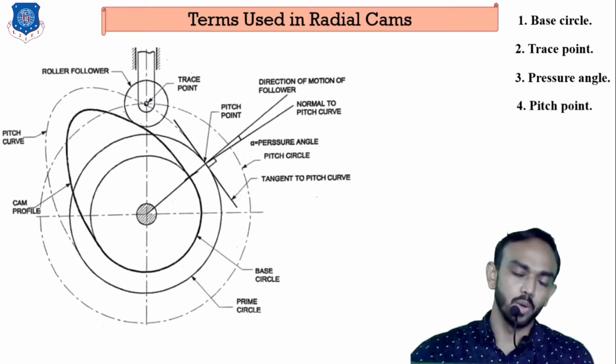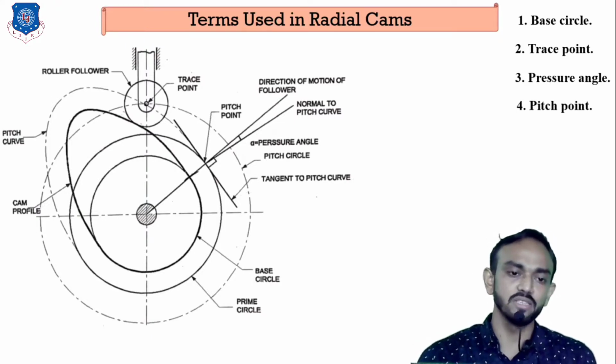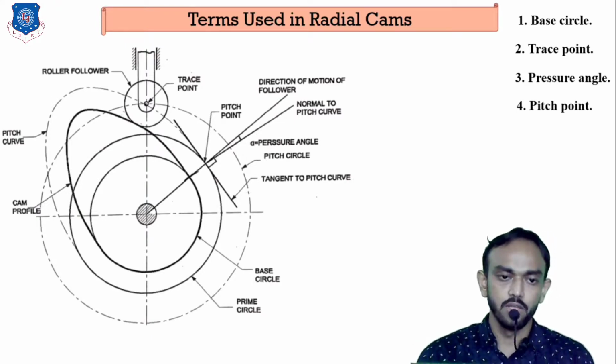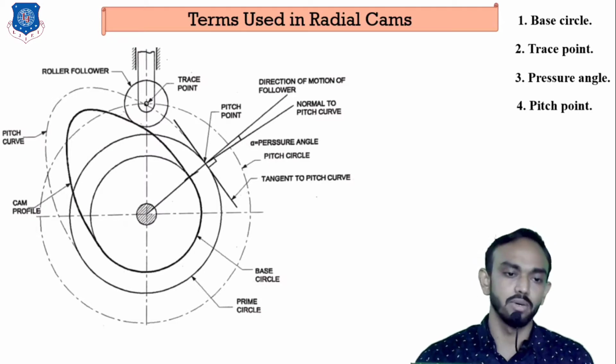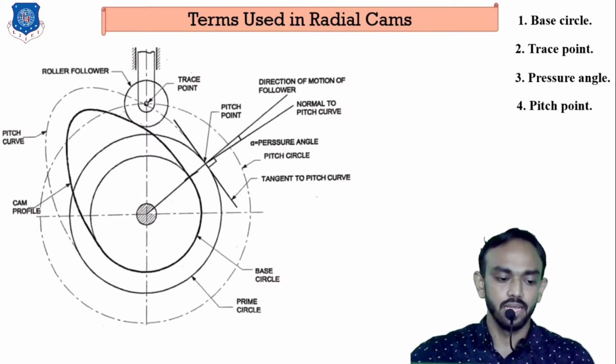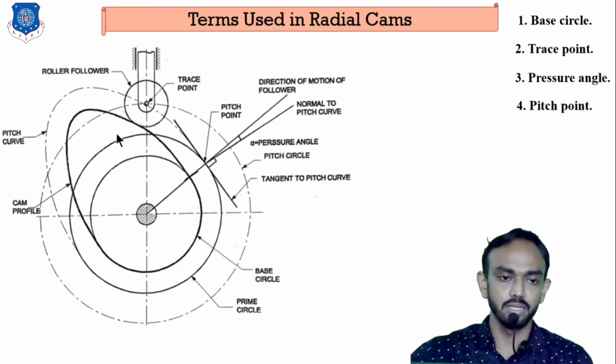And then the pitch point. Pitch point is a point on the curve where the pressure angle is maximum. You can see here in this case the pitch point will be there. Pitch point means maximum pressure angle. Okay, in this case that is shown here, there will be maximum pressure angle.